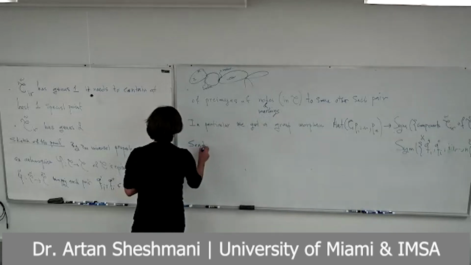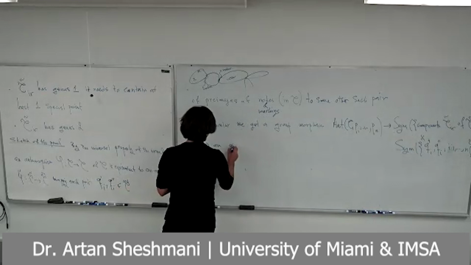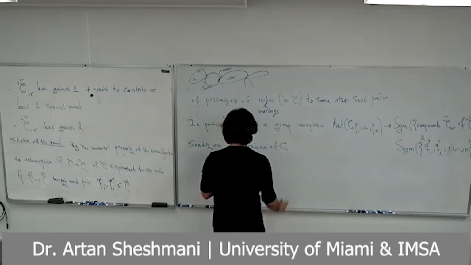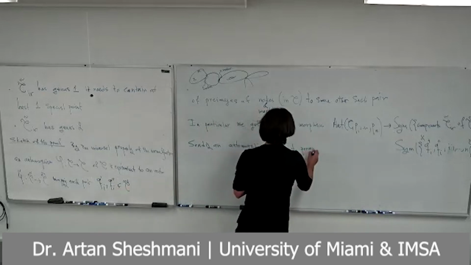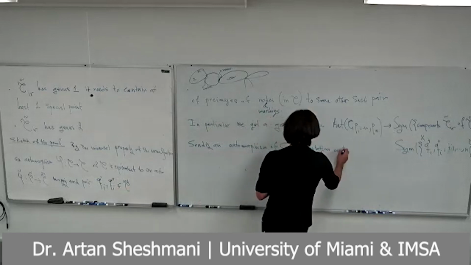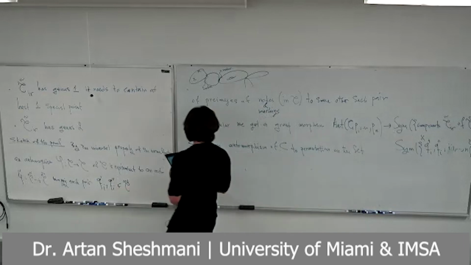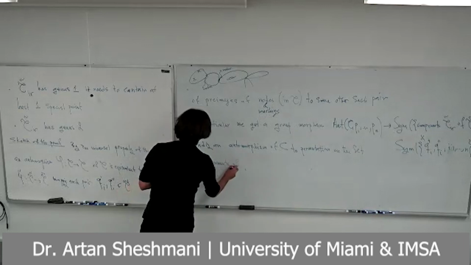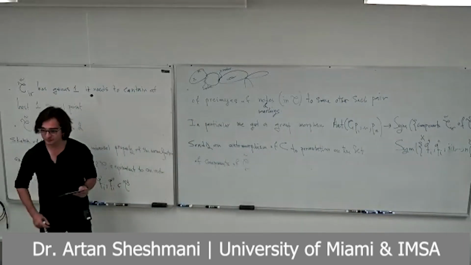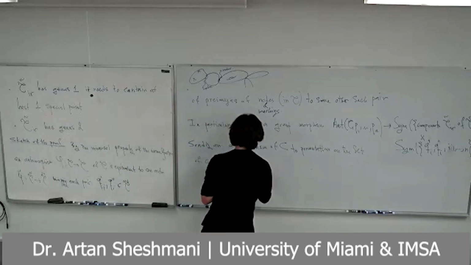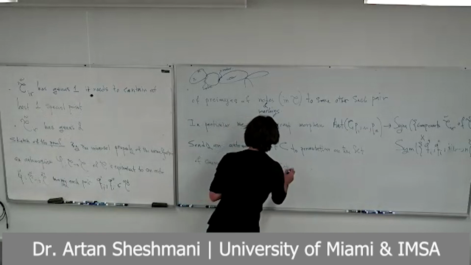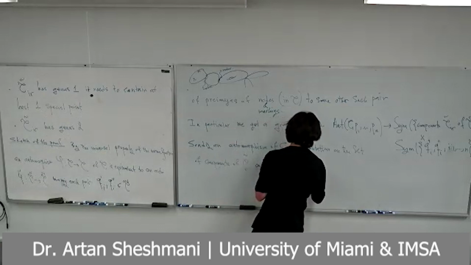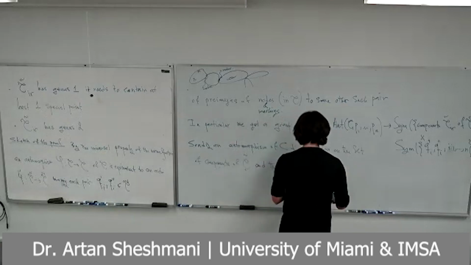Sending an automorphism of C to a permutation group, permutation on the set of components of C tilde, and the set of preimages of nodes.